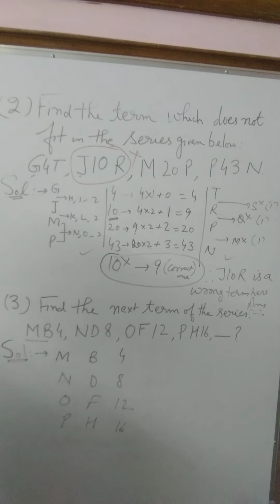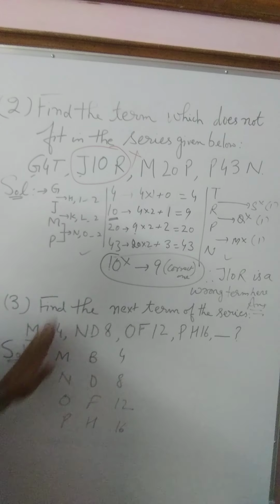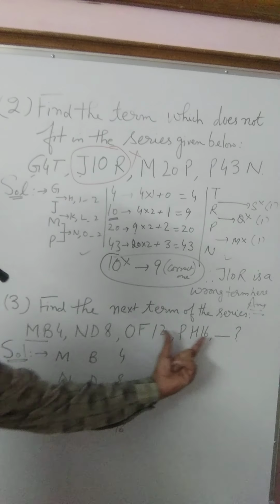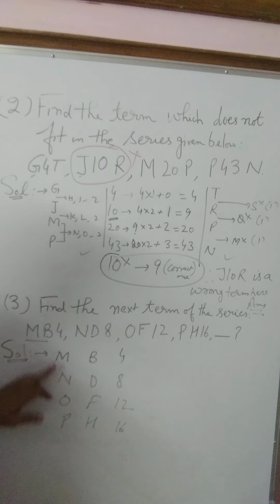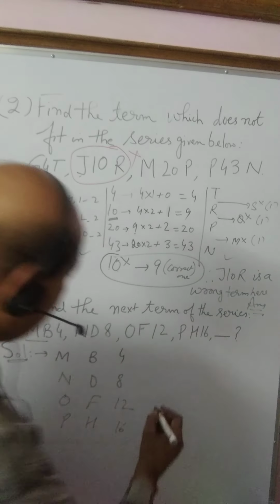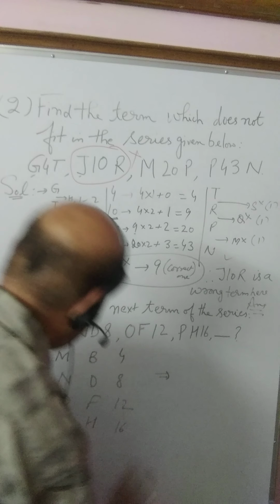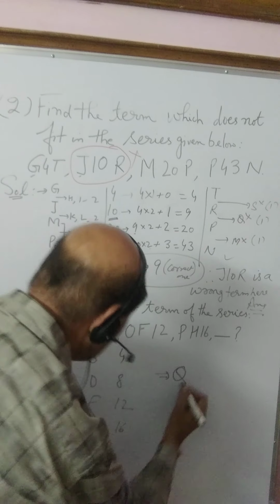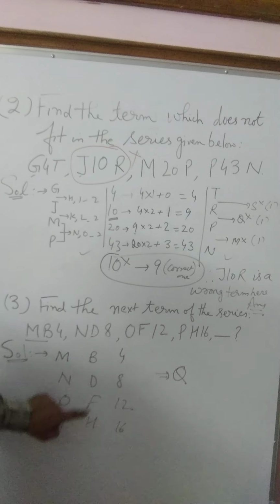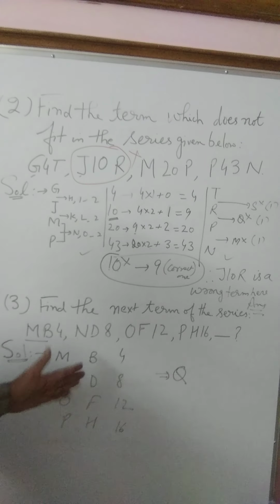Now what I have done, I have written each coefficient or each term of each block of the series. This is the first block, this is the second block, this is the third block, this is the fourth block, and each term I have written. Now the first one is continuous, MNOP. So automatically we have assessed that our next term will be simply Q. Then BDFH, there is something missing.